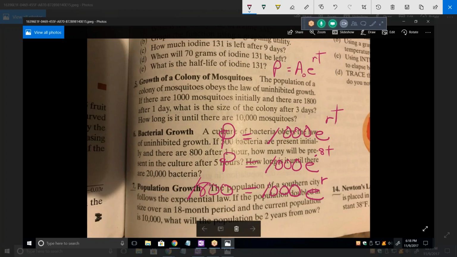So I've got to solve for R. And it ends up being 9/5 equals e to the R. Take natural log of both sides, and R ends up being the natural log of 9/5. What is that? It's natural log of 1.8.